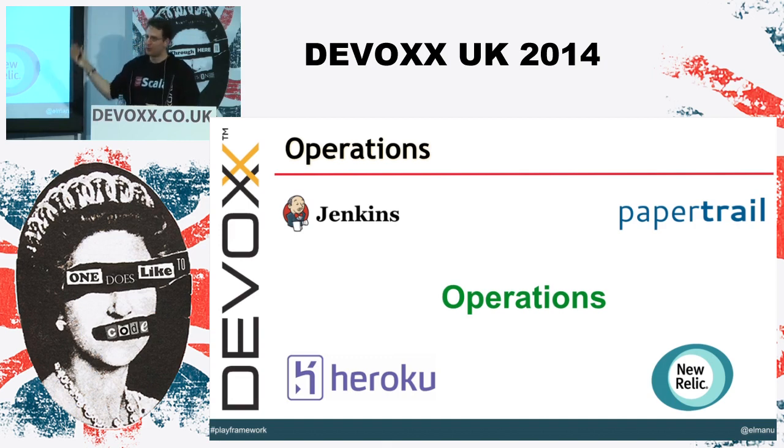All of this deployment and building is done using Jenkins, which is a continuous integration tool. So Jenkins will run the tests, compile the slug, take care of a few other things regarding assets, and send this off to Heroku. And then for monitoring, for the logs, we use Papertrail.